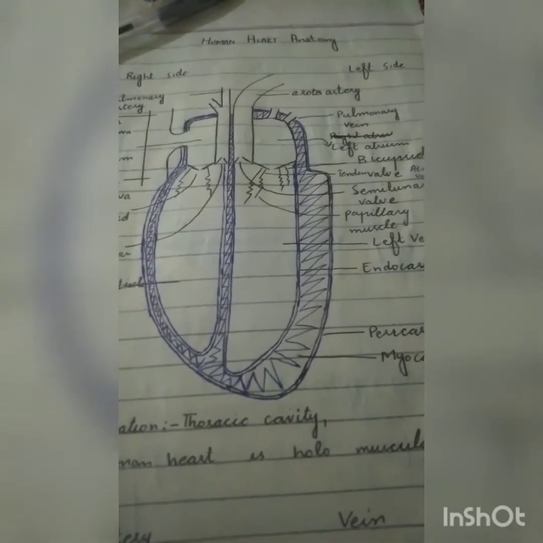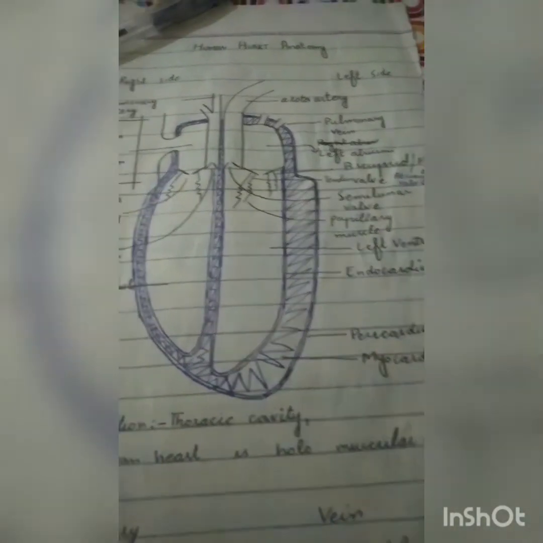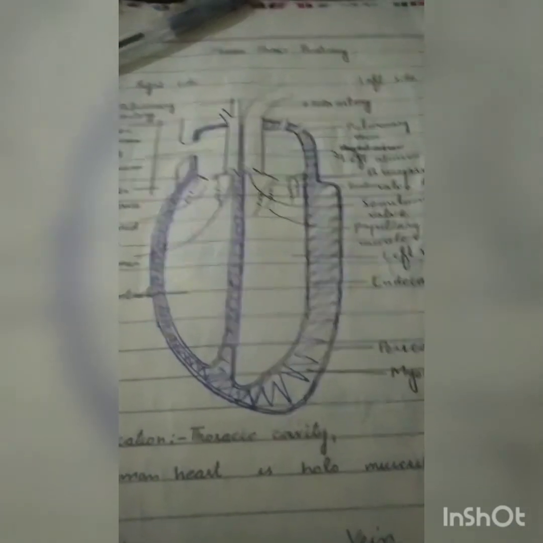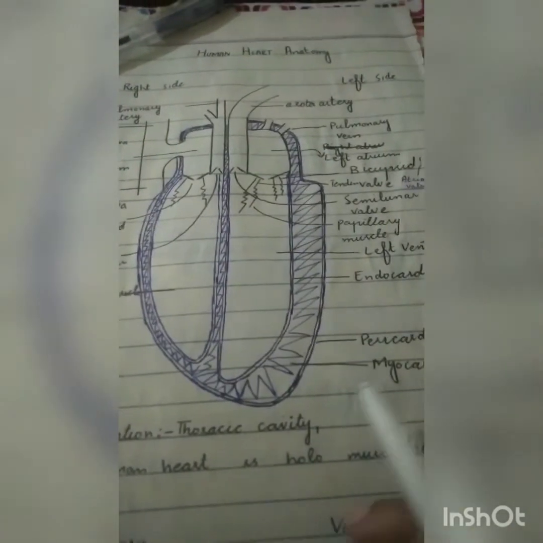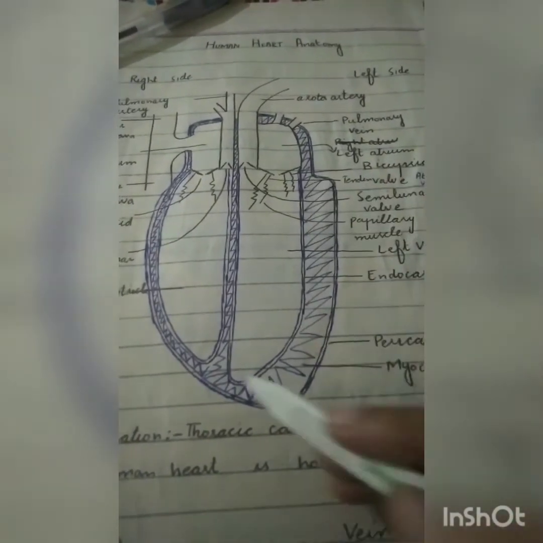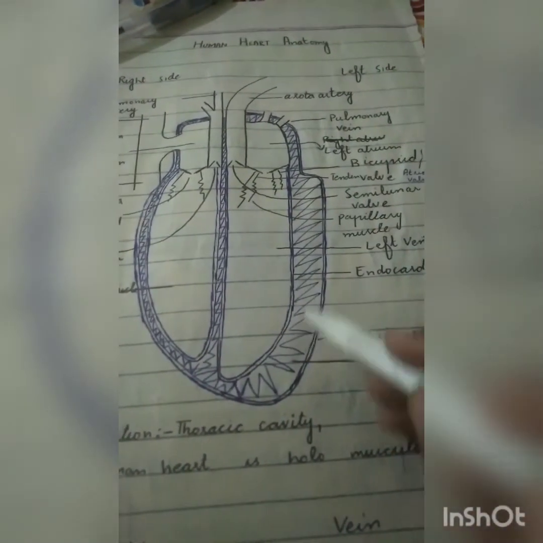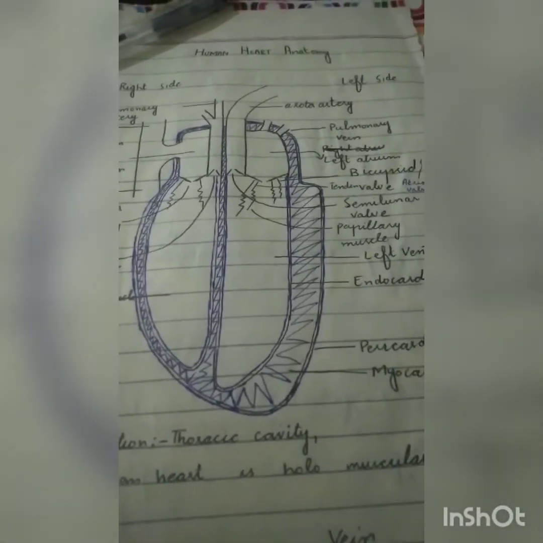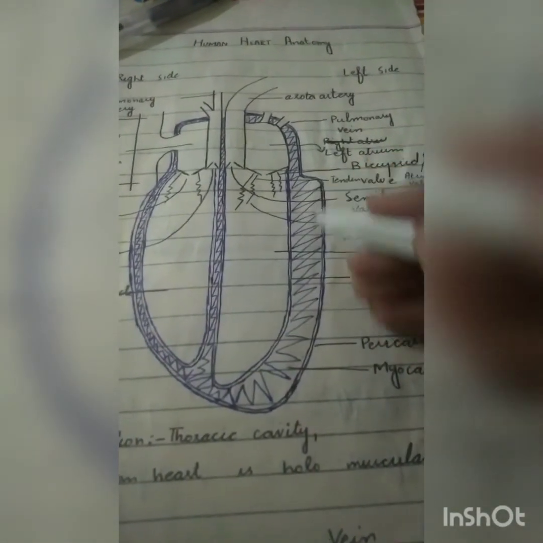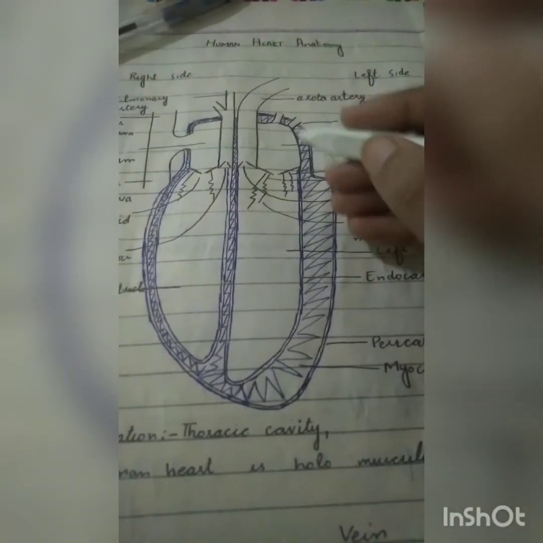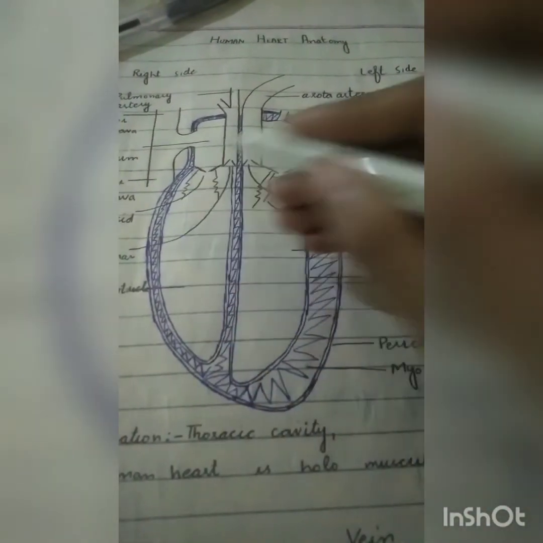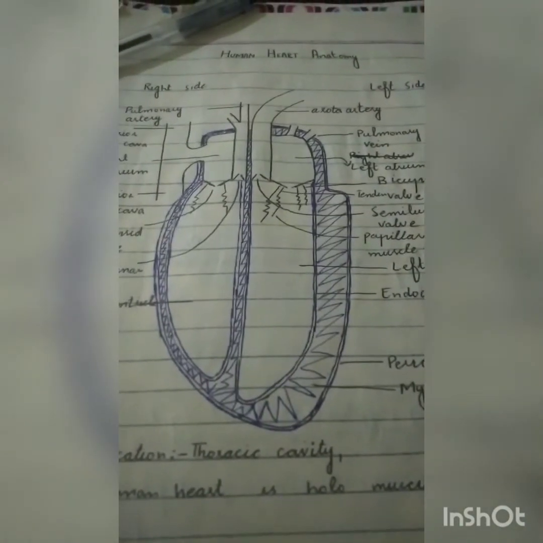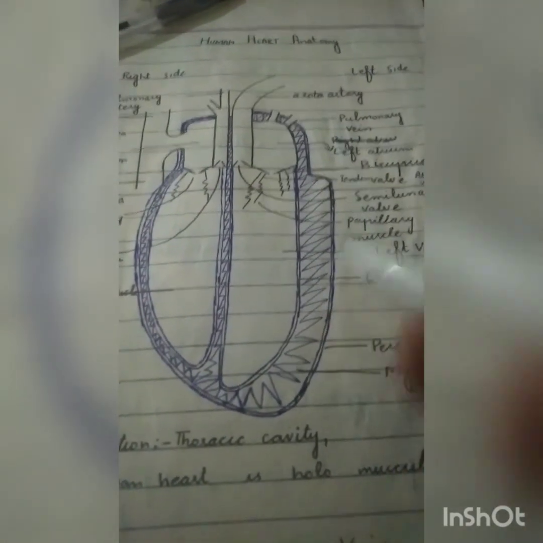The uppermost layer is called the pericardium. The pericardium is a sac-like membrane which prevents the heart from overexpanding. The middle layer of the heart is called the myocardium. The myocardium is the thickest wall of the heart, and this middle layer is responsible for pumping blood throughout the body.